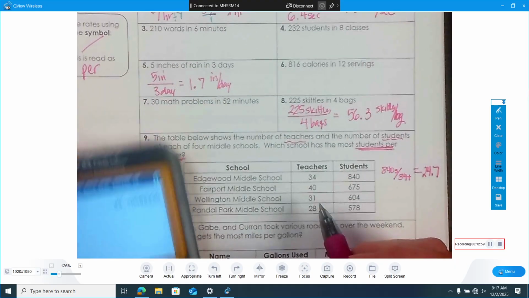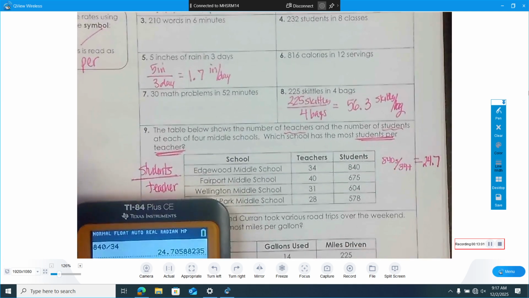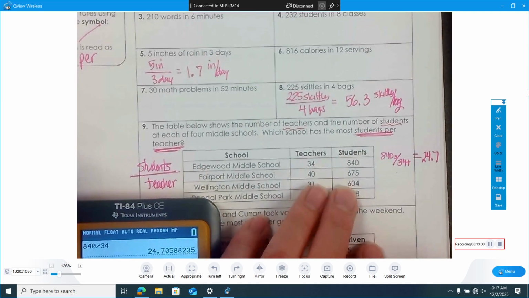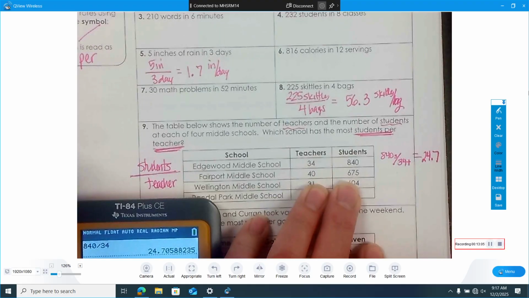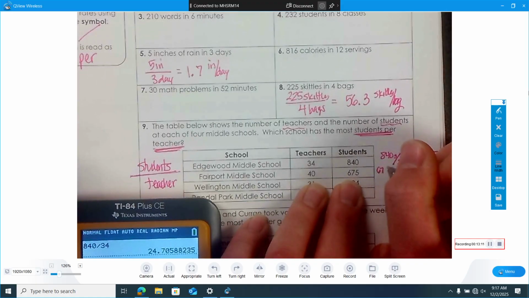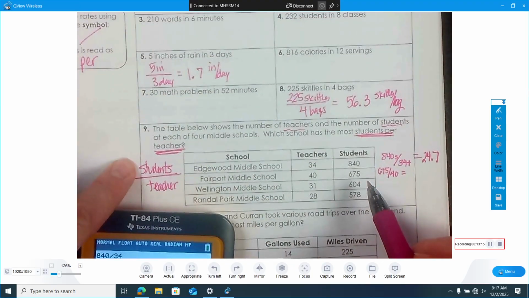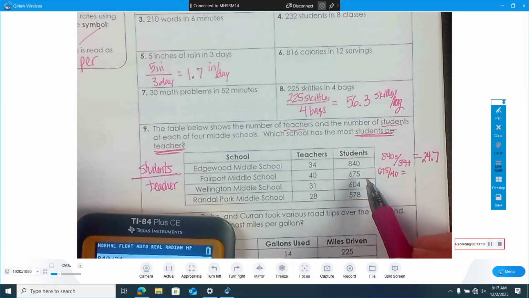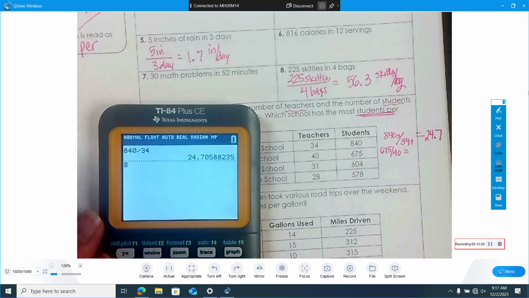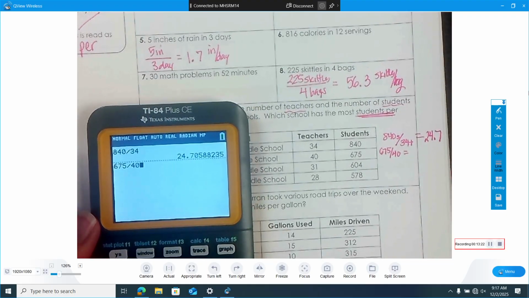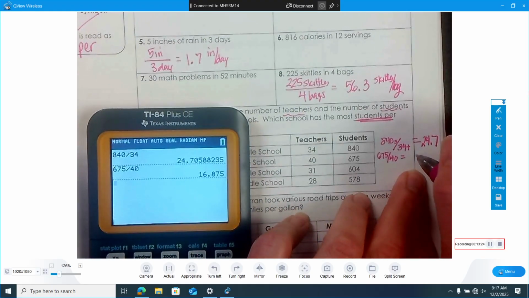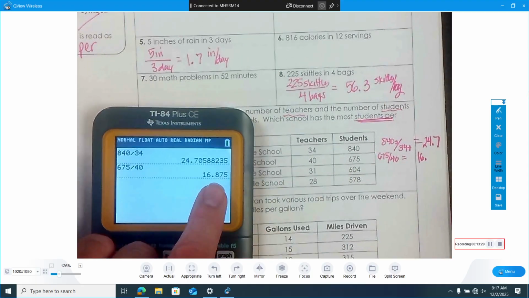All right, how are we going to divide for Fairport Middle School? What should my numbers be for Fairport? 675 divided by 40. Again, we want the number of students over the number of teachers. So 675 divided by 40, that would be 16 point, what should we round that to?